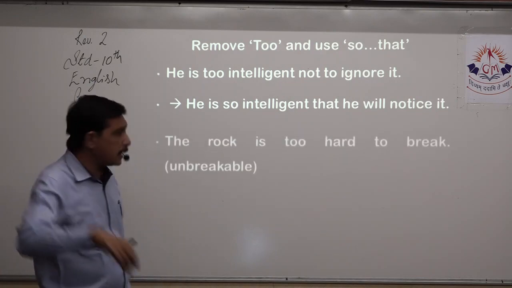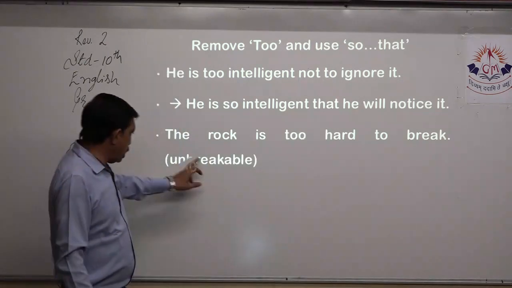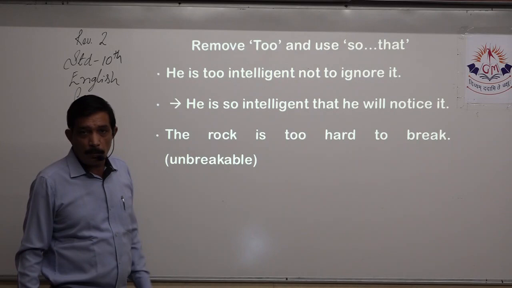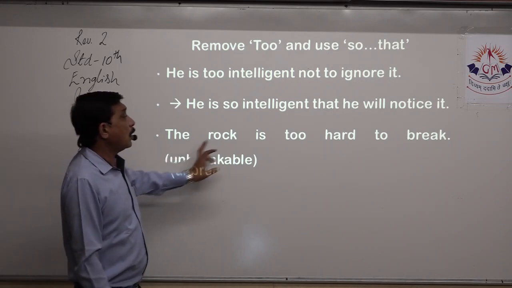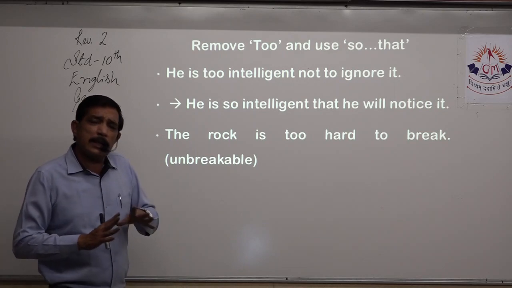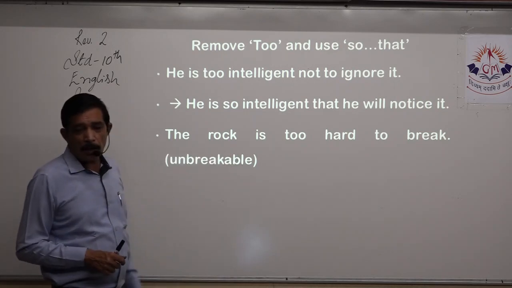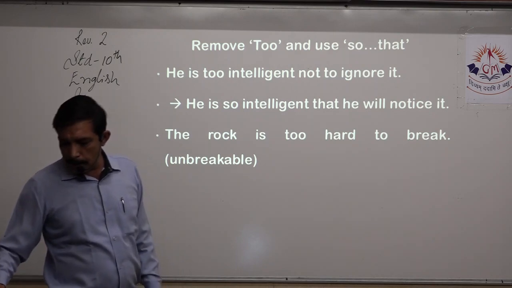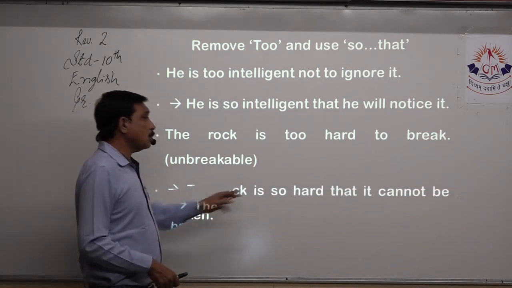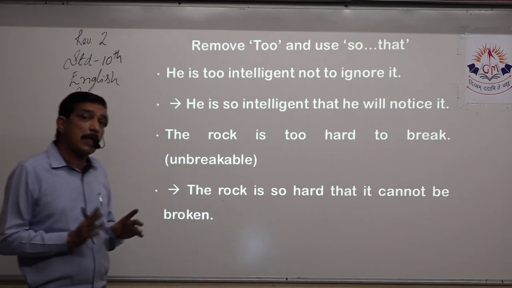Now for understanding purpose, the rock is too hard to break. That means the rock is unbreakable. We have done these things earlier. The rock is too hard. That means the rock is so hard that it cannot be broken. That is exactly the meaning. That means still the rock remains unbroken.